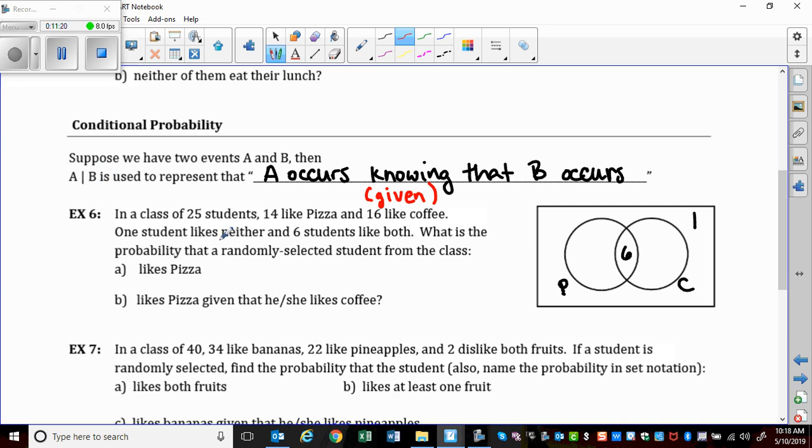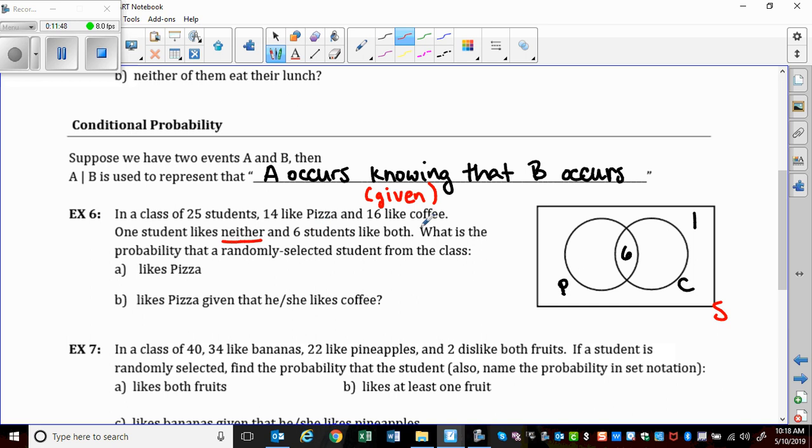In a class of 25 students, 14 like pizza and 6 like coffee. So I kind of started it. These are the students that like pizza, and these are the students that like coffee. It says one student likes neither. So I put 1 on the outside of my circles. This is my set.